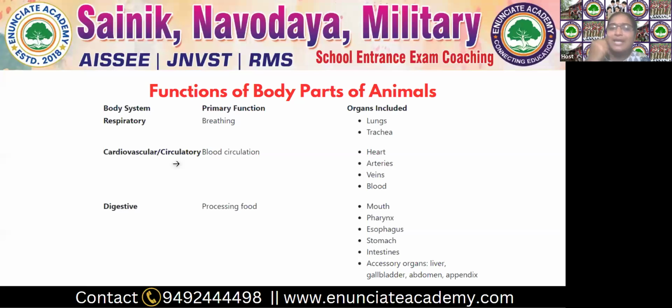What are the main body parts in the circulatory or vascular system? Heart, arteries, veins and blood. Arteries means damanalu. They carry good blood from the heart throughout our body. Veins means sirilu.